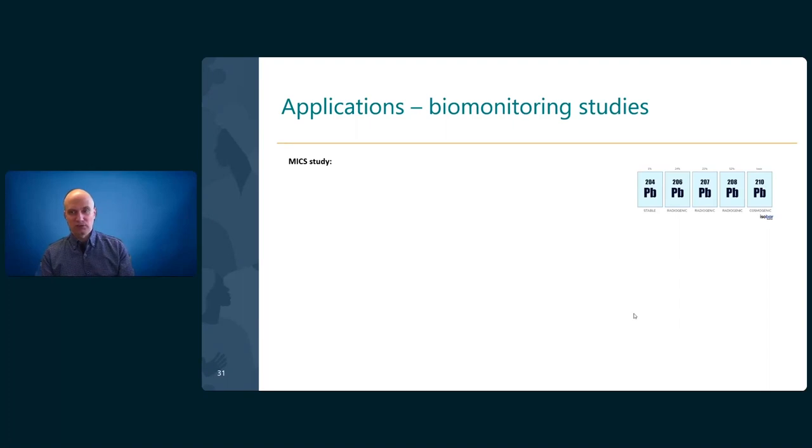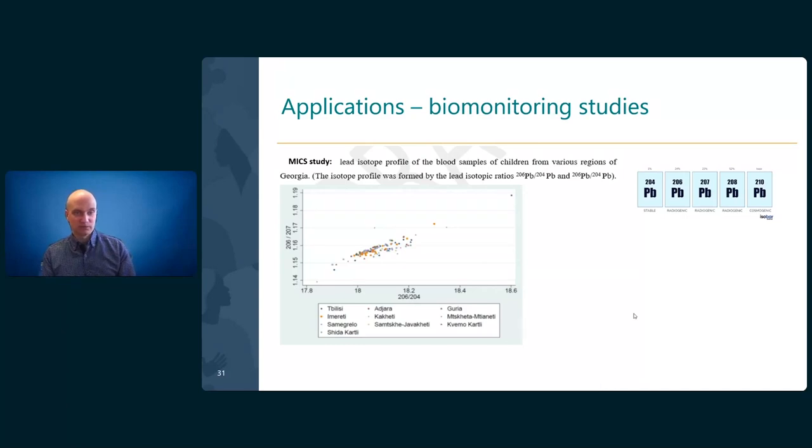The study also performed some isotope ratio measurements for lead. As we know, lead has some isotopes that are very stable in nature, but also radiogenic and cosmogenic. So we can use it to establish the profile of lead and compare it to different references.